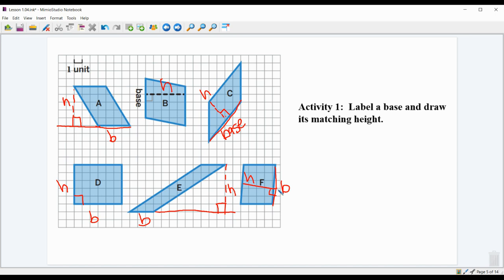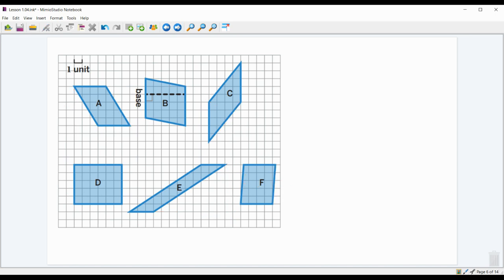I don't recommend picking slants because it'll be harder to count the number of squares that it passes through. Okay, so that's the basic. Whenever you pick a base, you look for the height that goes from the opposite side down to the base and is perpendicular.